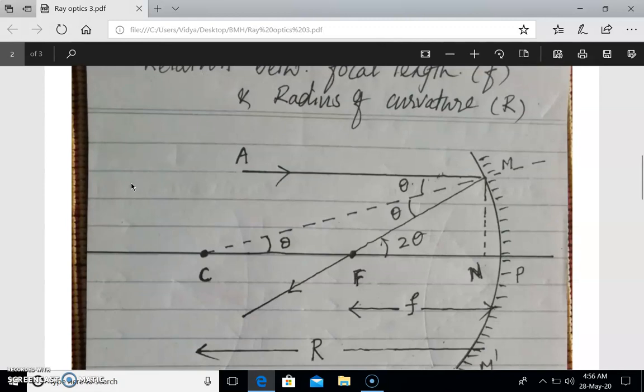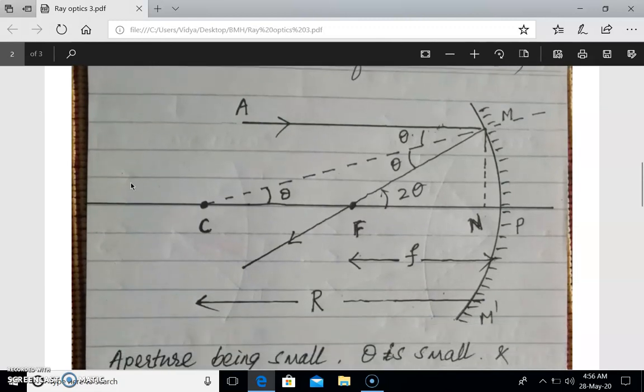Here we have to consider a concave mirror of a small aperture, in the sense that the surface area available for reflection is less. Let AM be the ray parallel to the principal axis, made to be incident on the mirror at M. CM is the normal drawn through the point of incidence M. After reflection, the light ray passes through the focus.